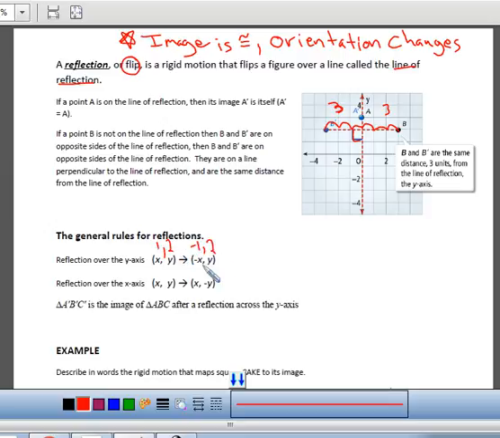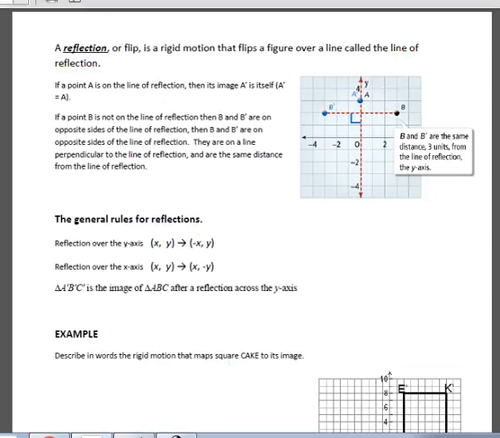Now, the reason why I say the opposite is because if we had started with a negative number, then the opposite of a negative number is a positive number. So be careful. Reflection over the x-axis, notice what stays the same, the x value, but then the y values change. So, let's take a look at our example at the bottom of page 20.